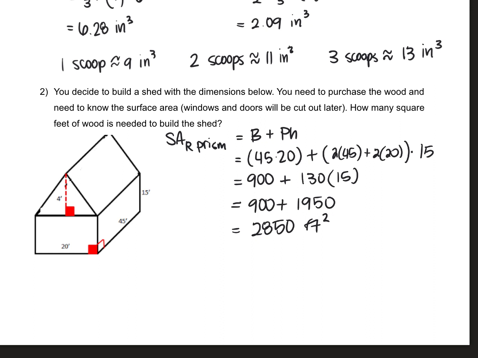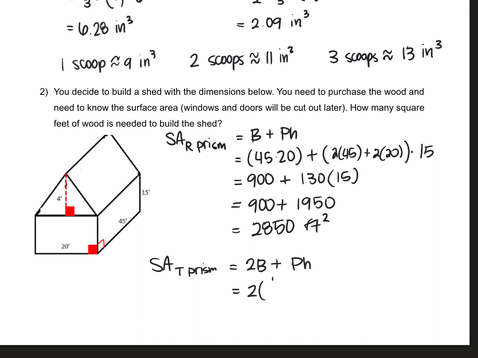Now we need to find the surface area of the triangular prism that is on top. Okay. Now this is a little bit different because we're not missing one of the bases of the triangular prism, we're missing one of the triangular sides. So we're still going to do 2 times the area of the base, but when we do the perimeter times the height, we're only going to include 2 of our 3 sides for the perimeter.